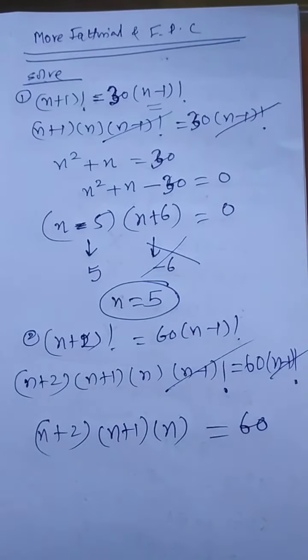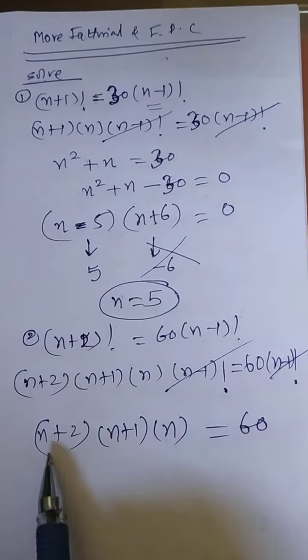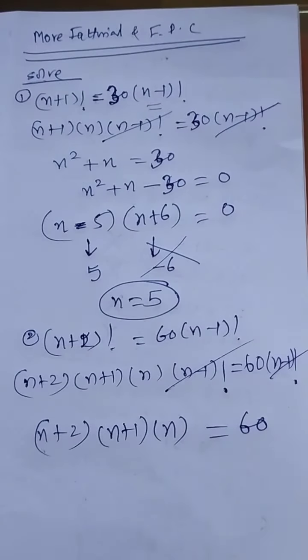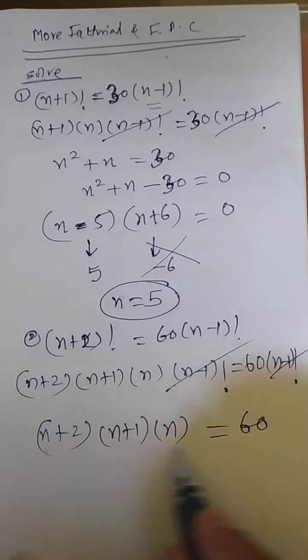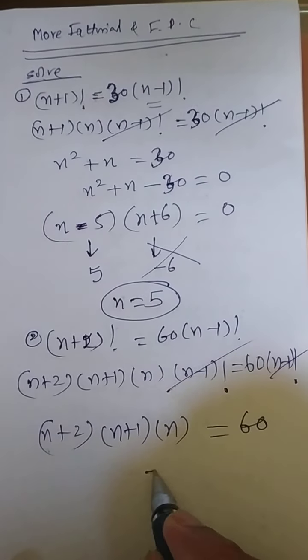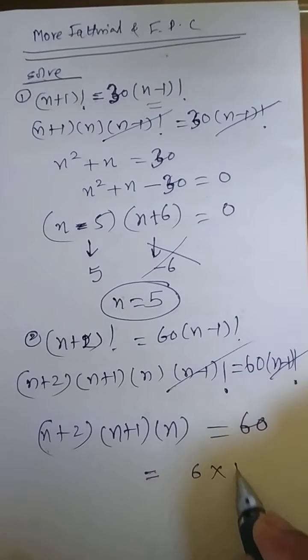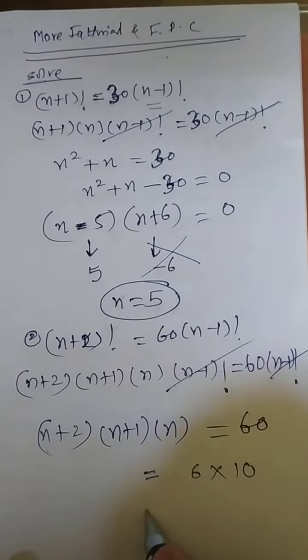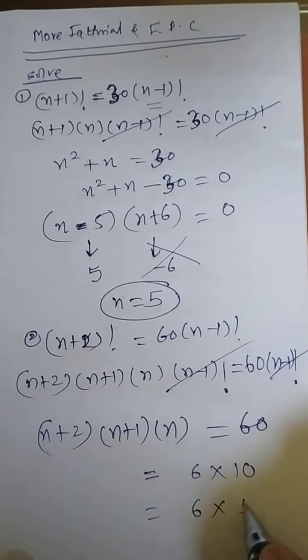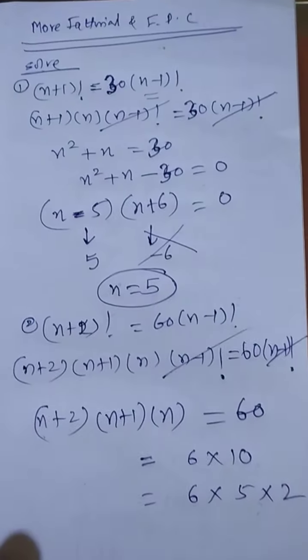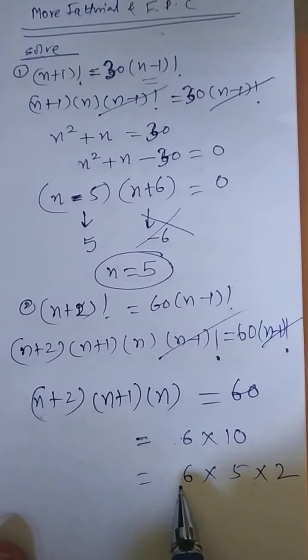Now what to do? You are thinking you will get a cubic expression and 60 is to be transferred to the right side. It is far more difficult to get this. We'll keep this as it is, and I am just explaining. This 60 can be written as 6 into 10. Someone may say that 60 can also be written as 5 into 12. But now I am not taking these combinations.